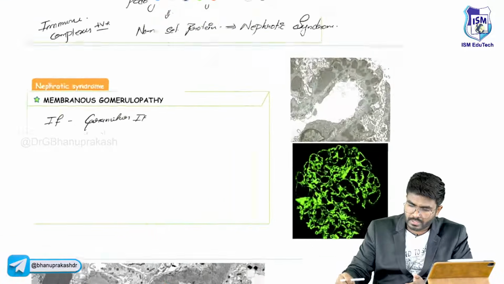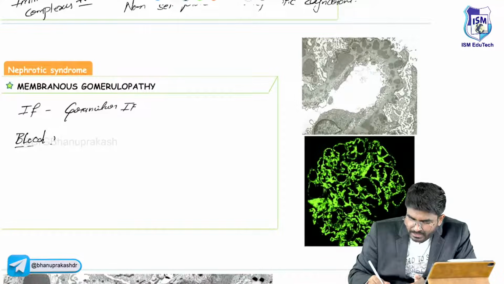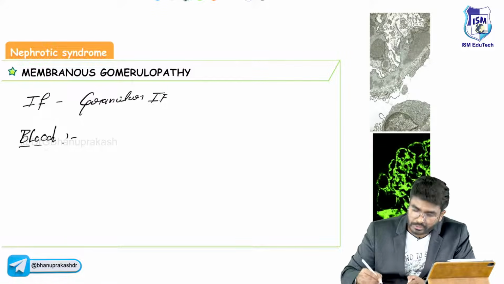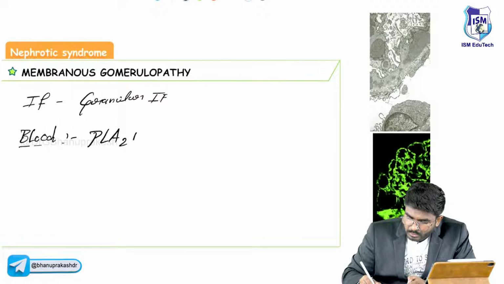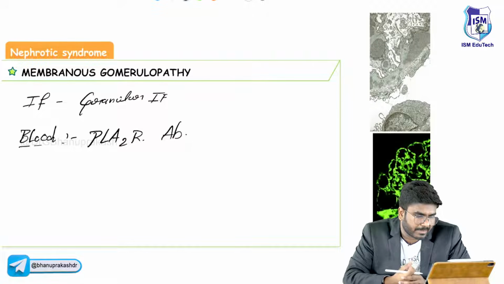The immune complexes are deposited, and those immune complexes are giving the fluorescence light. Now, in the blood, when you take the blood sample of this patient, what will you see? You will see the antibodies, phospholipase A2 receptor antibodies.